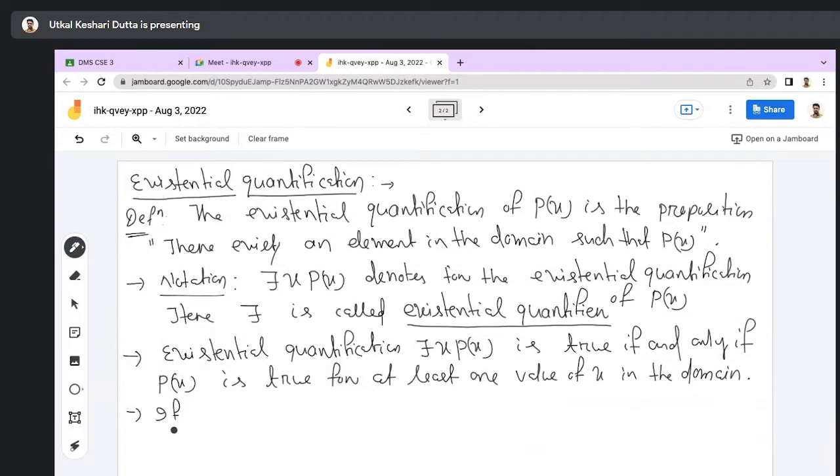Then tell me when it will be false. When will the existential quantification be false?